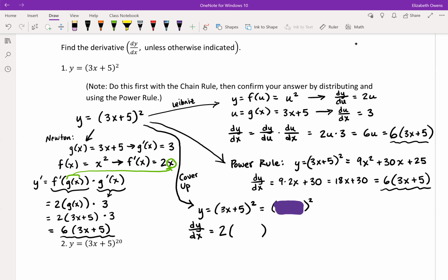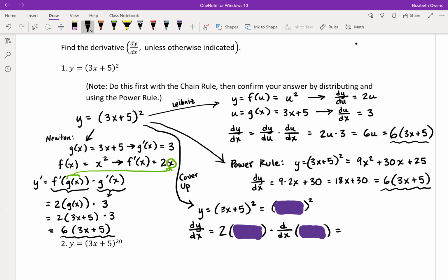So 2 times purple block to the first, times the derivative of that purple block. Like that: 2 purple block, derivative of purple block. It sounds silly, but it can help once you get the hang of it.